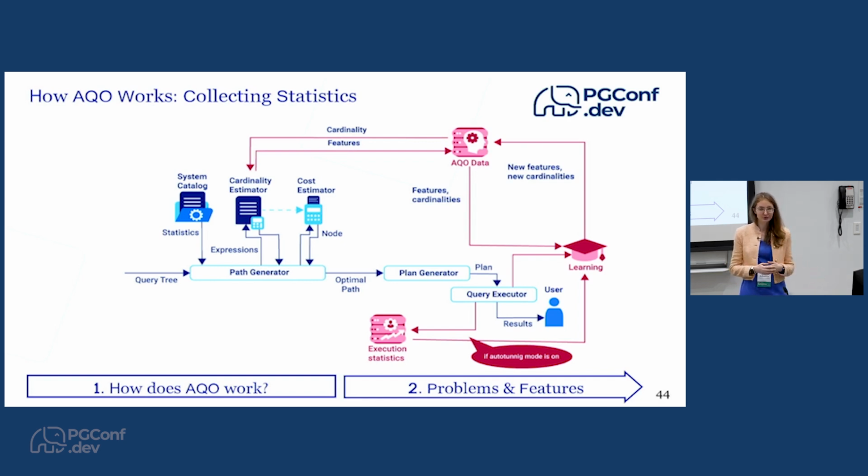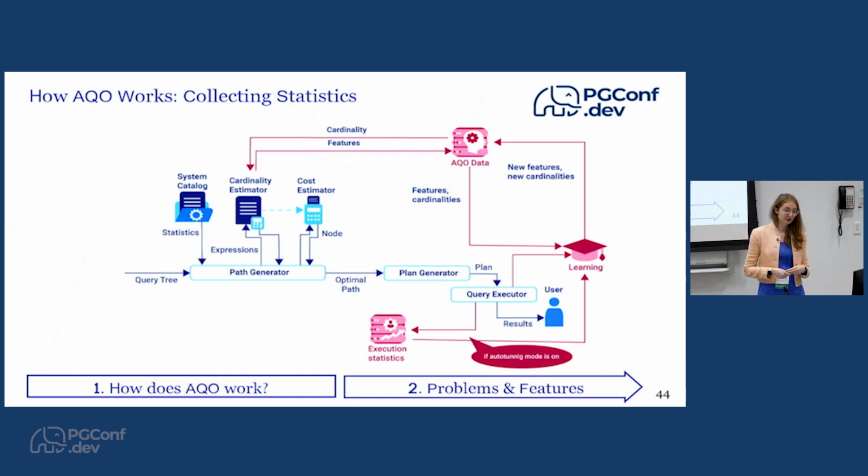The user can use this information to determine whether a query works better with AQO, and we can adjust some settings for the prediction, for example.